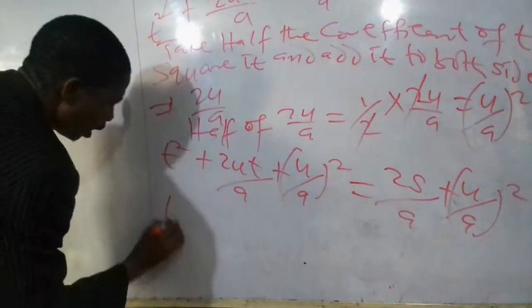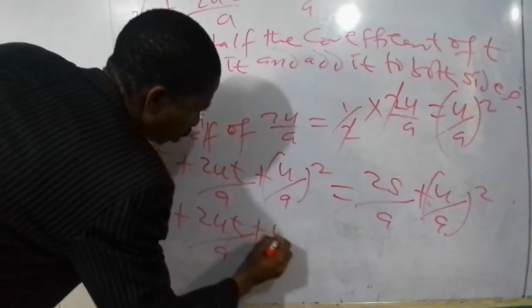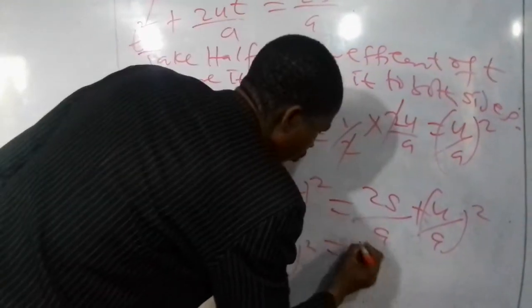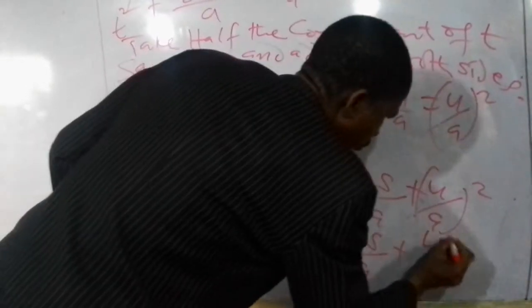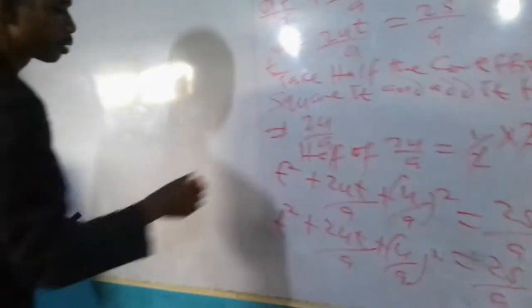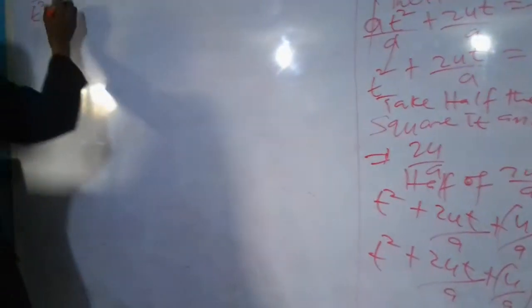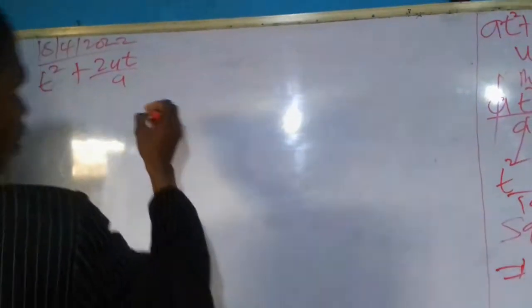This is still the same thing as t squared plus 2ut over a plus u all over a, everything in bracket square, equals to 2s over a plus the square of u is u squared, the square of a is a squared.